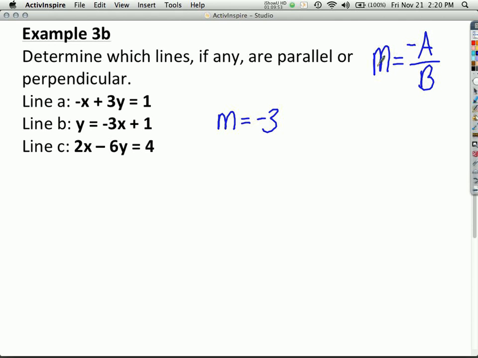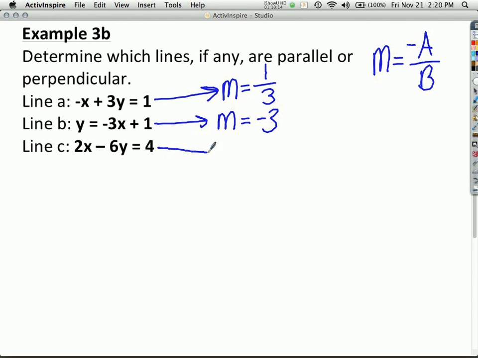This is only for my advanced students. So you can easily find the slope of line A by just doing the opposite of A. A is -1, so the opposite of it will be +1, over B, which is 3.